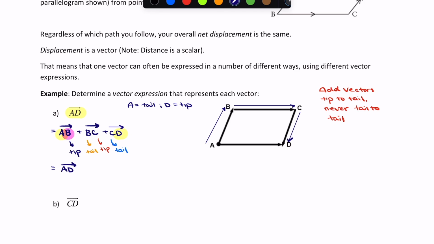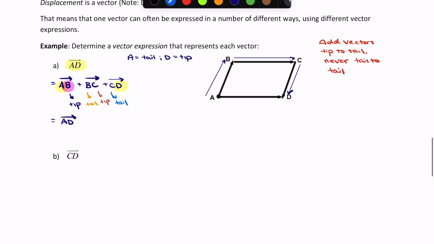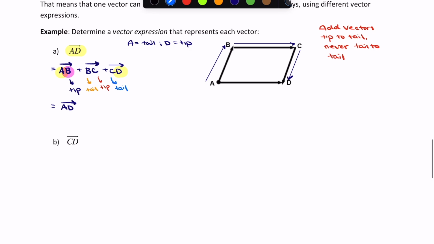Okay, so the next one, if we look at E here, we're looking at vector CD. There's a couple things we can notice here and that we can write down. So here, vector BC, we can also write as negative vector CB.